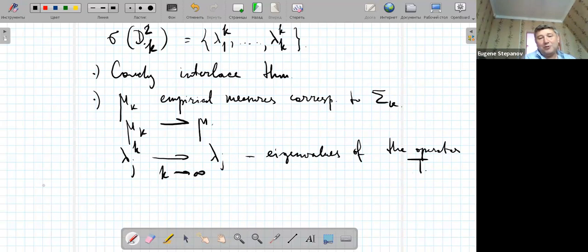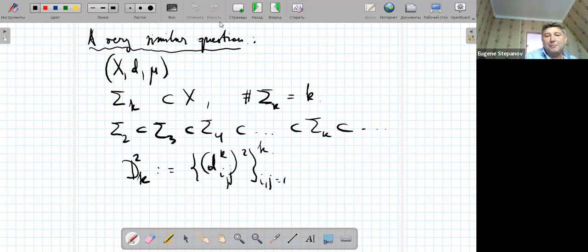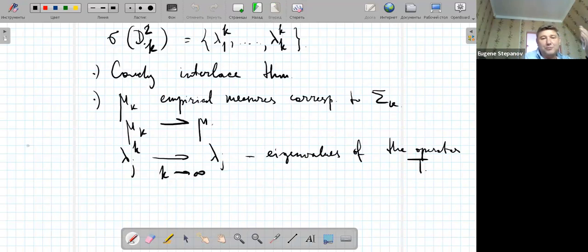The question is as follows. Of course, if I know all the spectra for each k, or at least for all sufficiently large k, and also all the eigenvectors, then, using the previous result, knowing the class of measures, I could reconstruct my space.